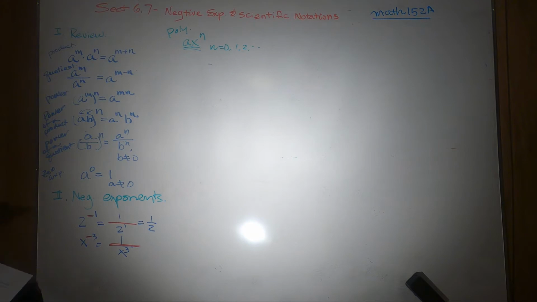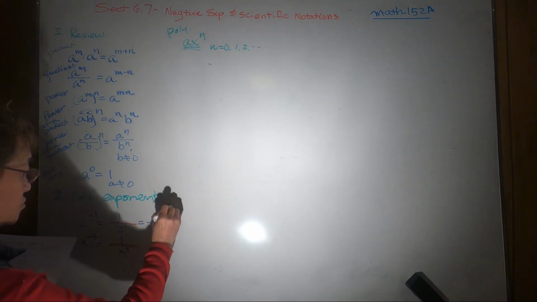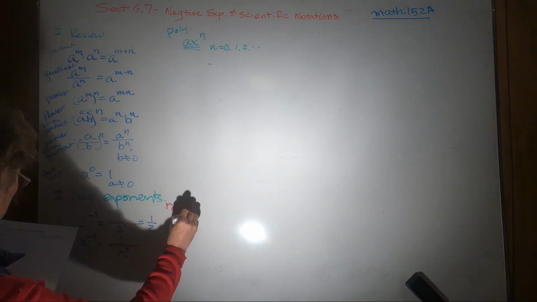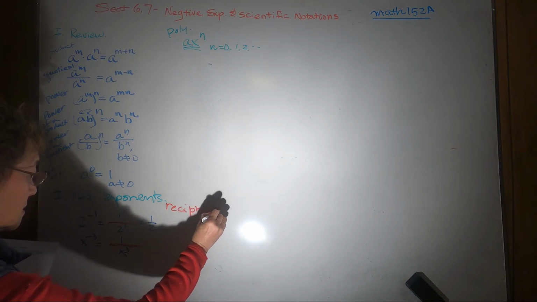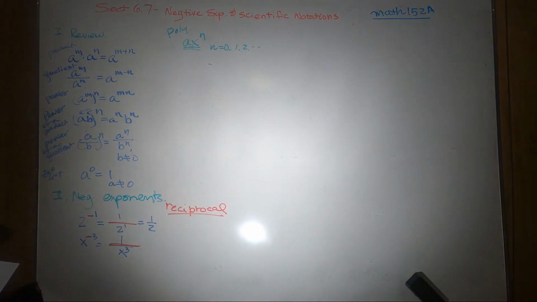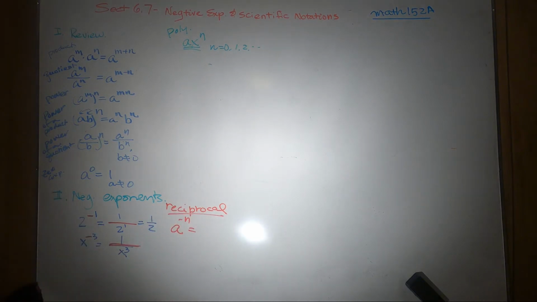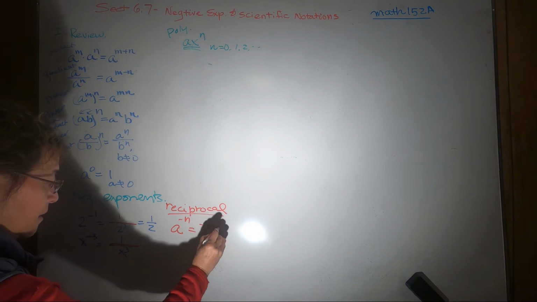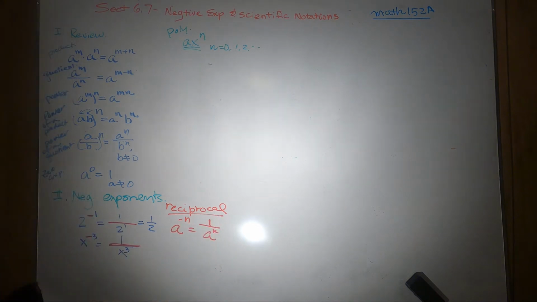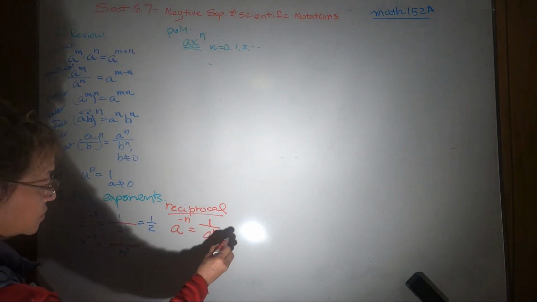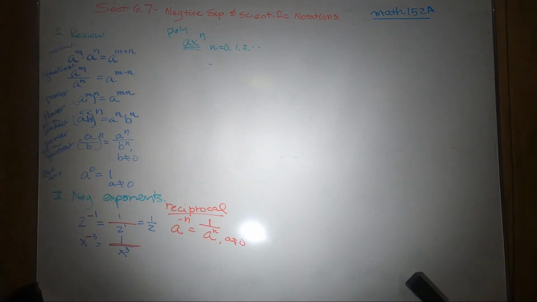Okay, so negative exponent means what? It means it's reciprocal. It means this way, if a to the negative n power, it means what? 1 over a to the nth power. Okay? Of course, base, we don't use 0.